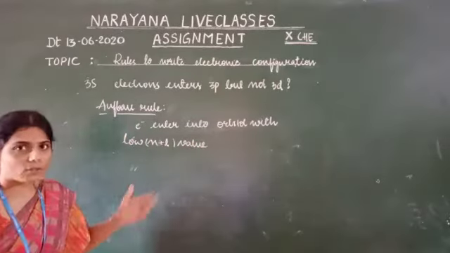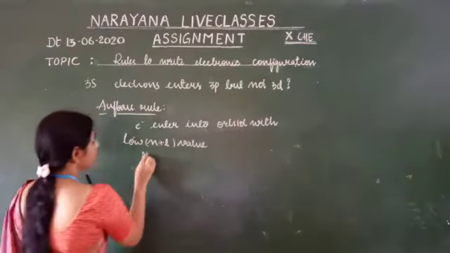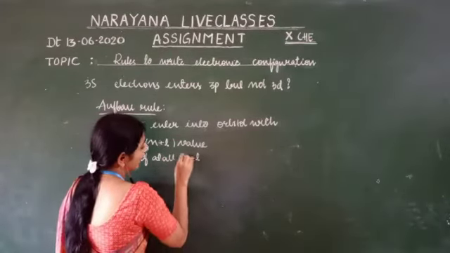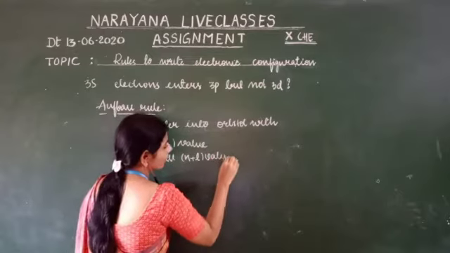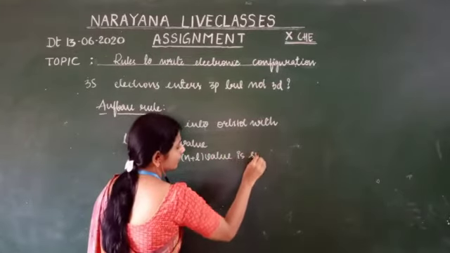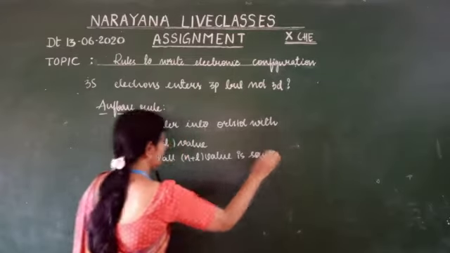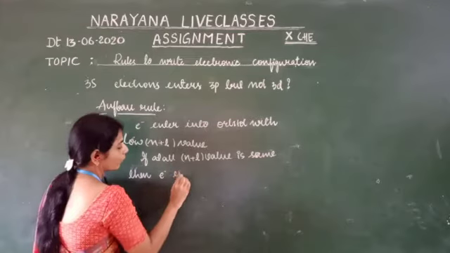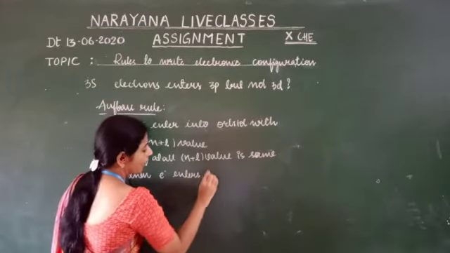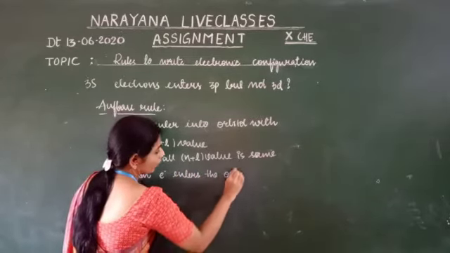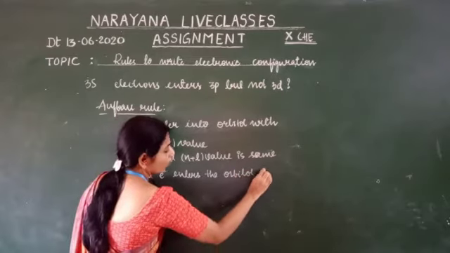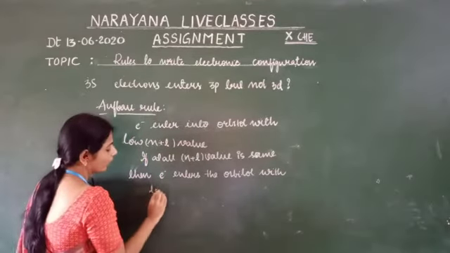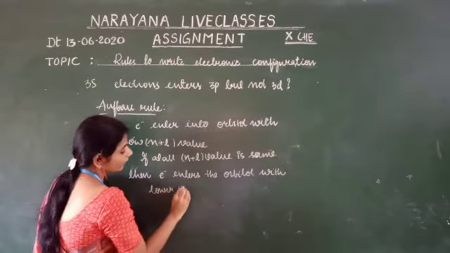You can extend this rule also: if the n plus l value is the same, then the electron enters the orbital with lower n value.